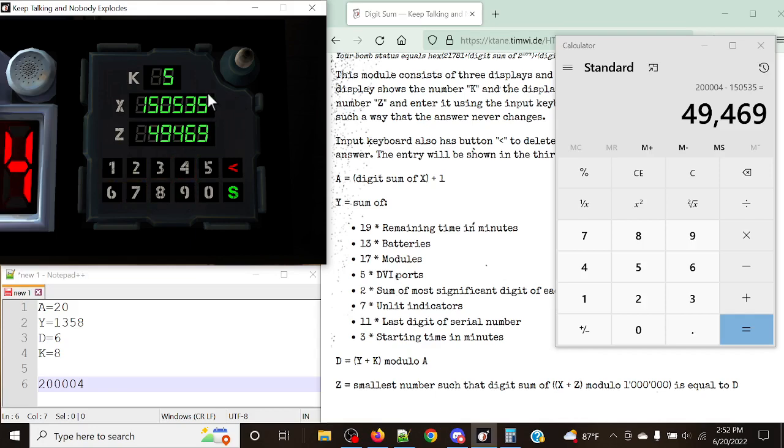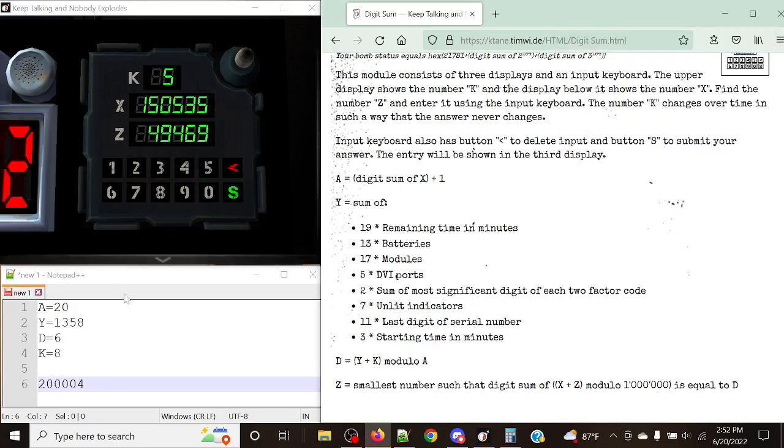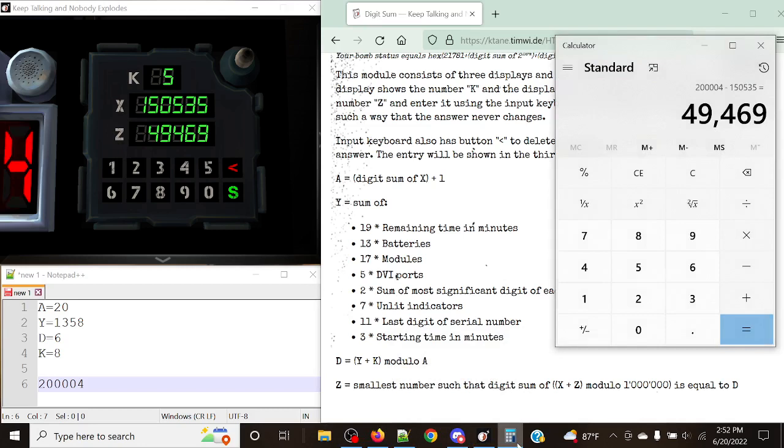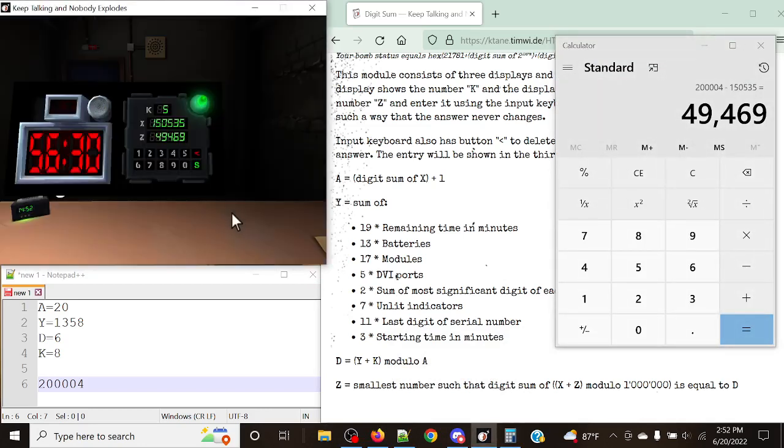This is what we're adding to X-ray to give us a number with the digit sum. No, we're not entering 200004. We're entering the number that, if we were to add it to X-ray, would give us that total. So we're going to submit this, and just like that is a solved module.